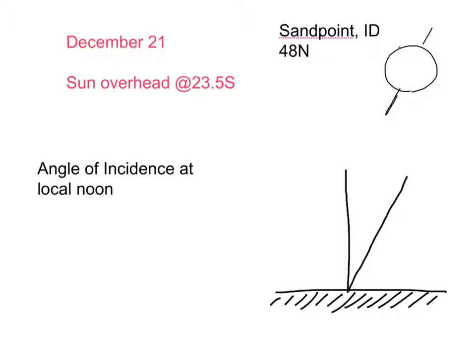If we want to go all the way up to Sandpoint, Idaho at 48 degrees north latitude, well, what that actually means is we have to add another 48 degrees to our diagram here.